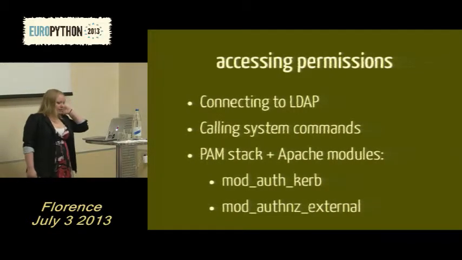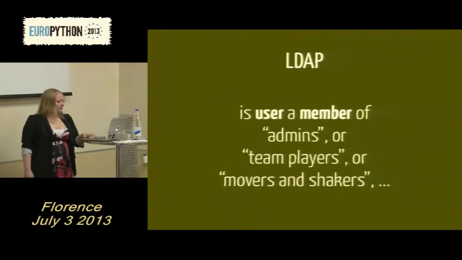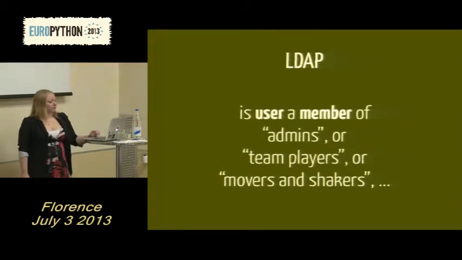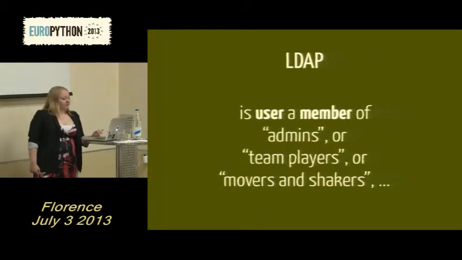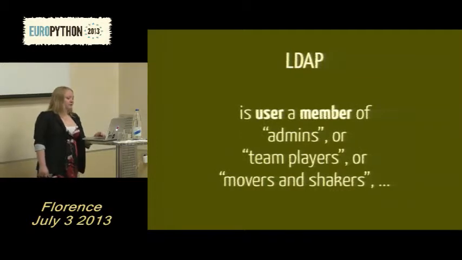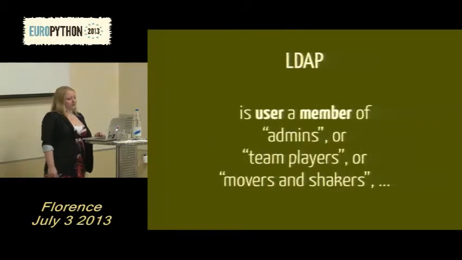So you can connect to LDAP, as I mentioned before, just to check to see if a user is a member of admins or team players or movers and shakers. And there's a few different ways to connect to LDAP through your Django app. You can write your own backend to connect to LDAP, or there are two libraries. There's django-auth-ldap and the django-ldap-groups library.